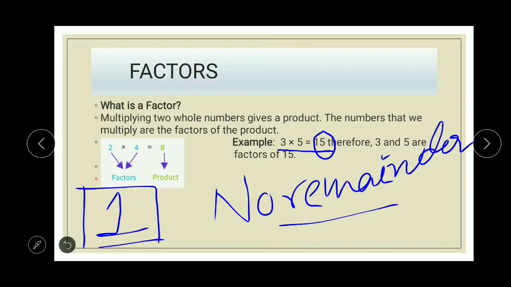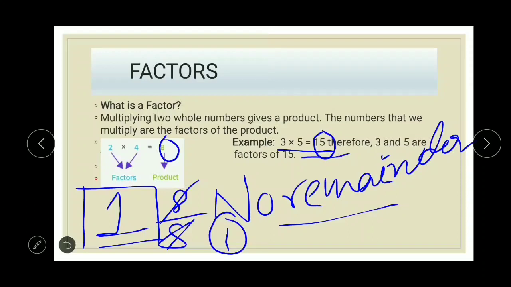And again, if we divide a number by that number itself, then also we will get no remainder, isn't it? Here we are getting the product 8. If we divide 8 by 8, then also we will get no remainder. Here 15 is given.